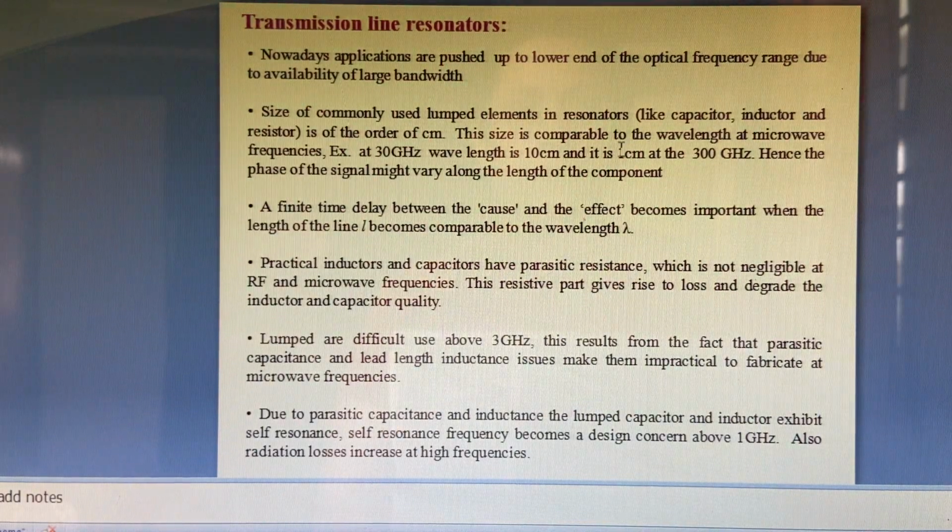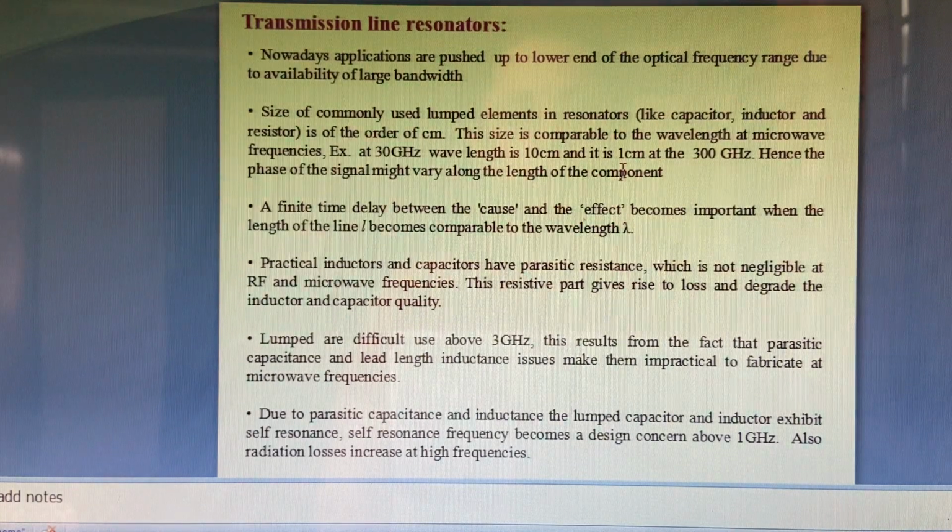This size is comparable to the wavelength at microwave frequency. For example, at 30 gigahertz the wavelength is 10 centimeters, and it is 1 centimeter at 300 gigahertz.